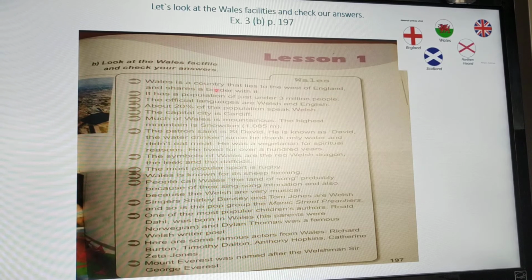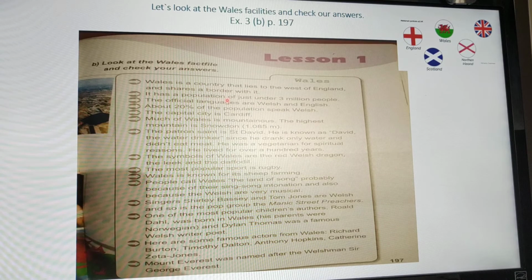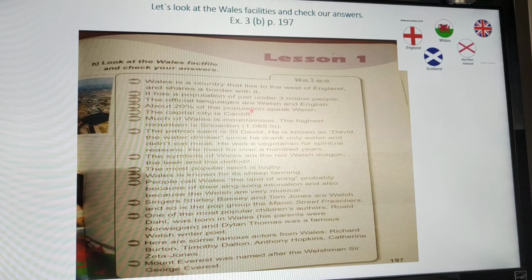Wales is a country that lies to the west of England and shares a border with it. It has a population of just under 3 million people. The official languages are Welsh and English.